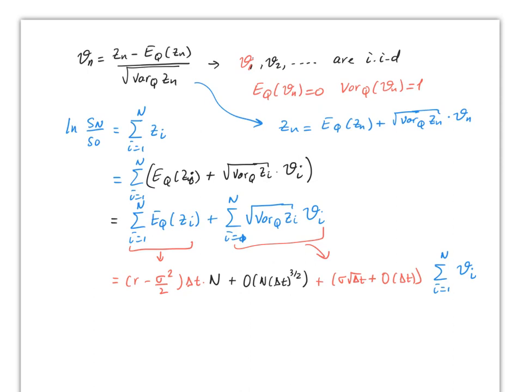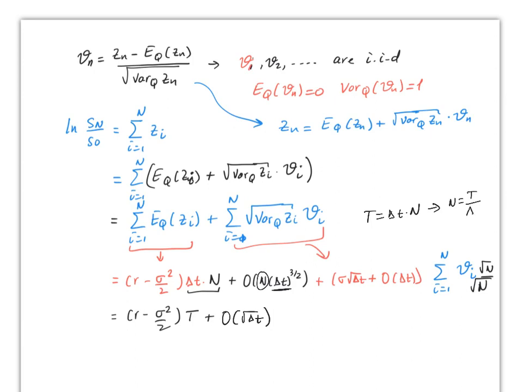If we do the same trick and multiply this by the square root of n and divide by the square root of n, we get r minus sigma squared over 2. Remember, all of this is the same thing as just t, plus big O of the square root of delta t. Notice that you multiply this by n, since t is equal to delta t n, that implies that n is equal to t divided by delta t.